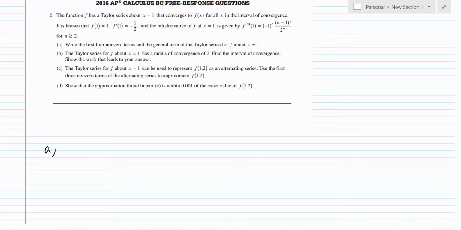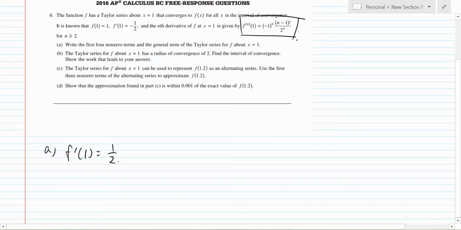So we know that f prime of 1 equals 1/2, and we can plug in, because here is the equation for the derivatives. So we know f double prime of 1 equals -1 squared over 2 minus 1 over 2 squared, which equals 1/4.